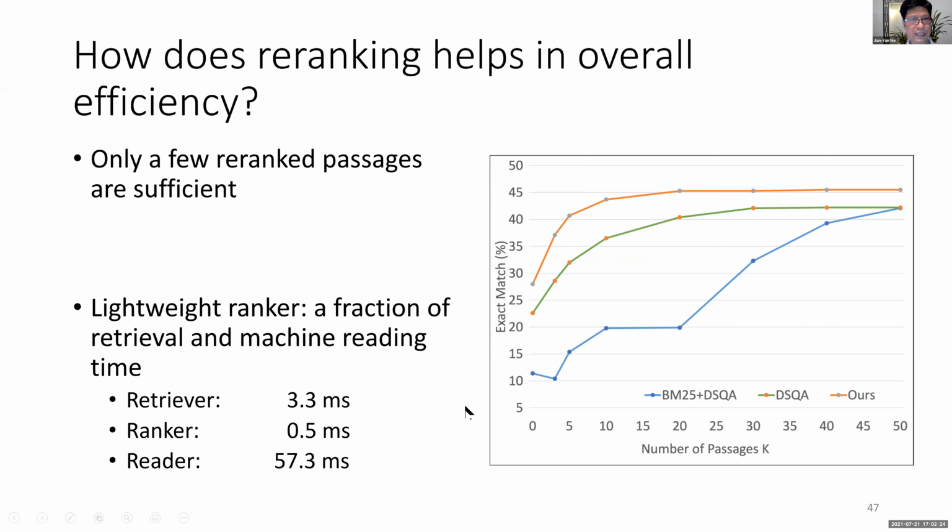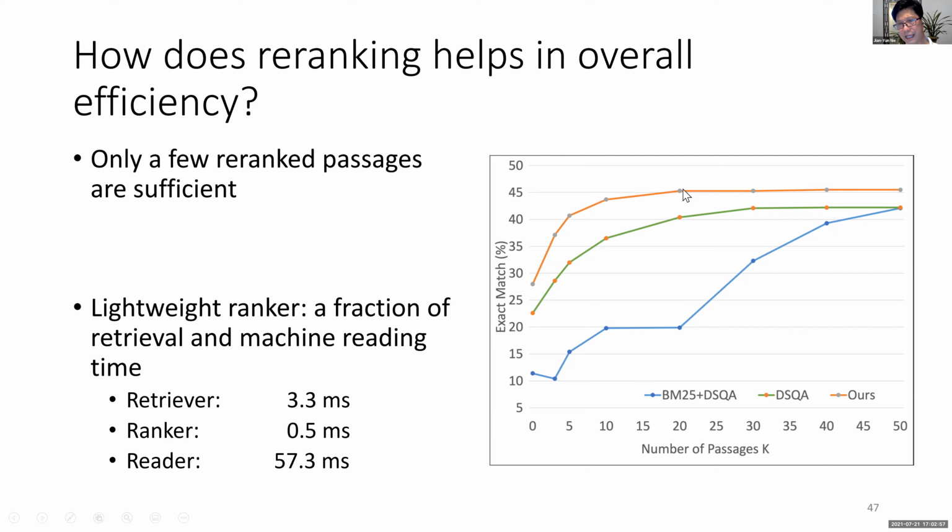And the final result is about the efficiency. Efficiency means whether the ranker can rank the good passages on top. As you can see here, once we vary the number of passages given to the reader to select the answer, once we have about 20 passages, it's the same as 50 passages.